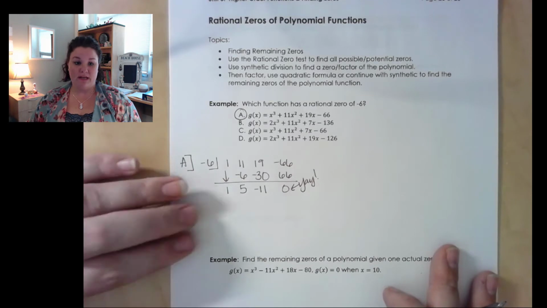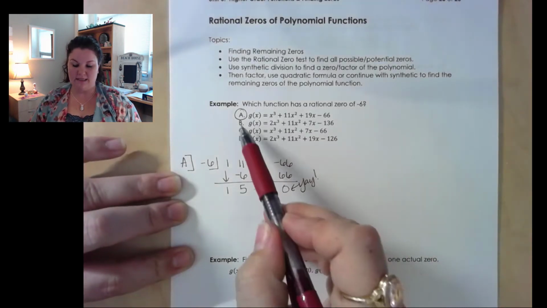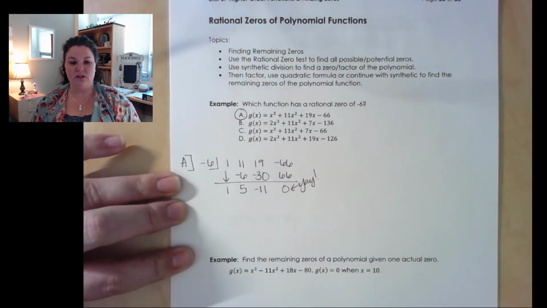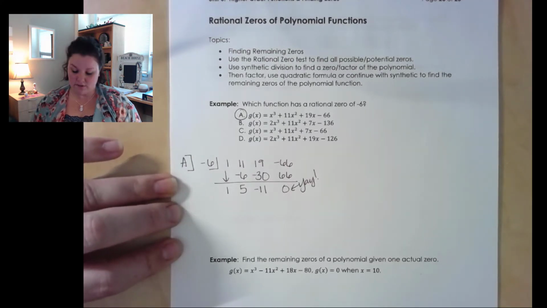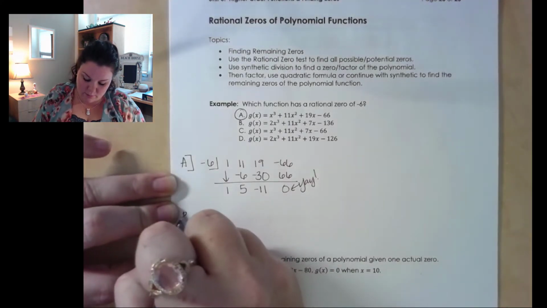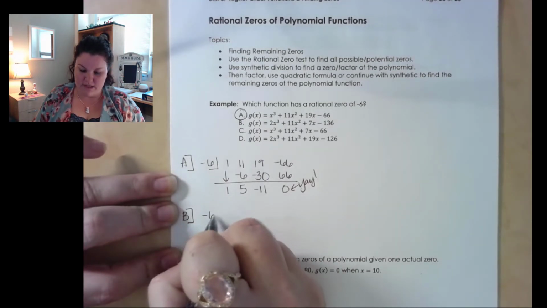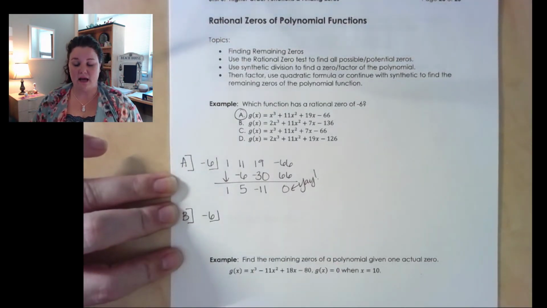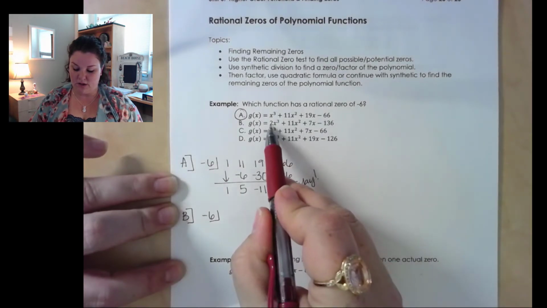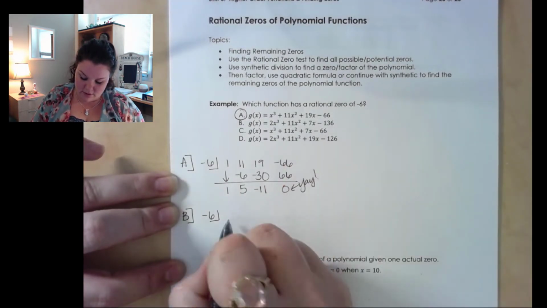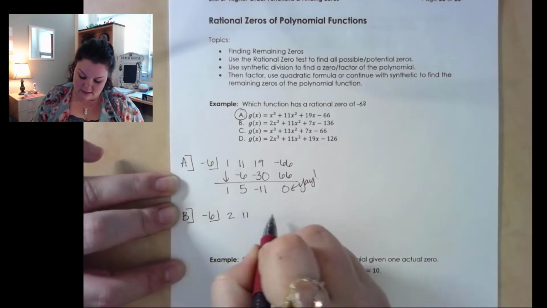Then we do the same thing. We keep on working through B, C, and D, checking them with synthetic division to see if they will give us a 0 remainder. Looking at our B function, again, we put -6 in our little synthetic house and write out our coefficients: 2, 11, 7, and -136.